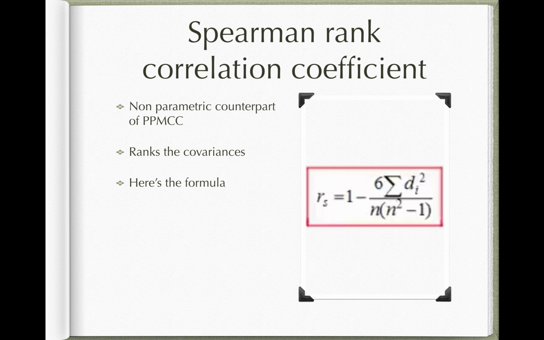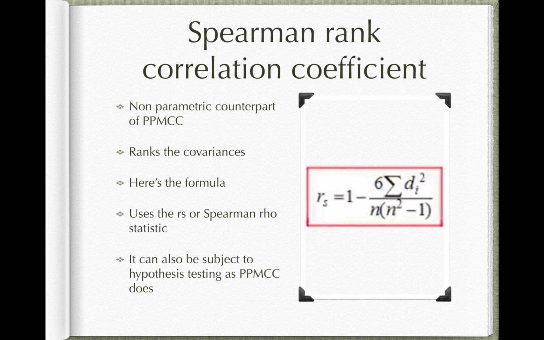It's not to be memorized, just for you to see that there is a D component in this formula, which is the distance between the ranks, not the actual scores. The Spearman rank correlation coefficient uses the rs, or the Spearman rho statistic, and it can also be subject to hypothesis testing as the Pearson product moment correlation coefficient does.